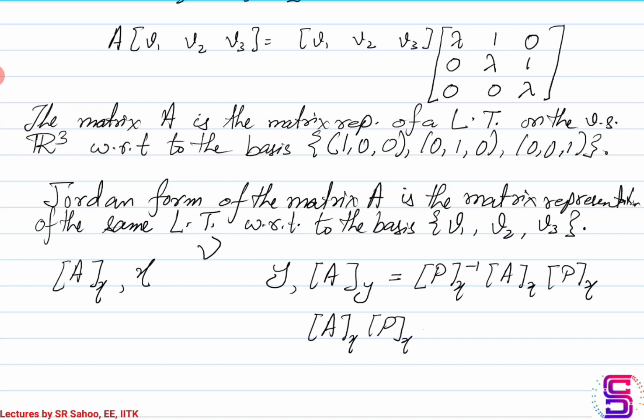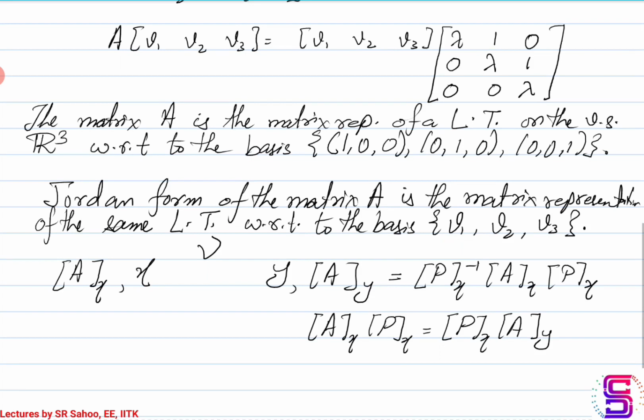So this A and that A are different. In that A, I have dropped the basis sign and the square bracket notation. So this is what we had seen as part of the similarity transformation for two different bases.